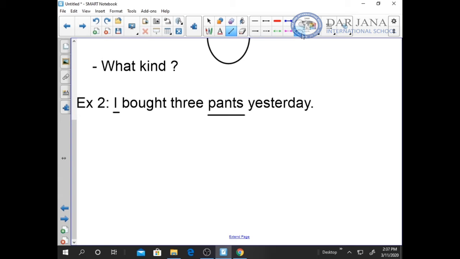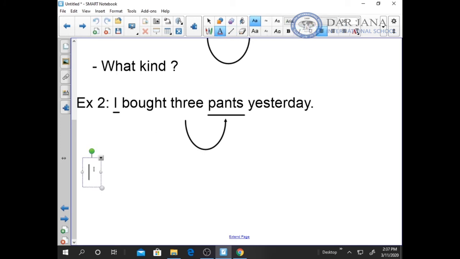Is there any word describing the pronoun I? No, I don't have. So we will move to the second word, which is pants. I bought 3 pants yesterday. So I will ask myself, how many pants did I buy? So I will find a word answering my question, which is 3. So 3 is answering how many pants did I buy.